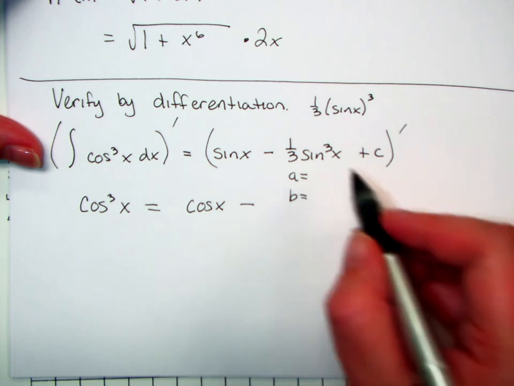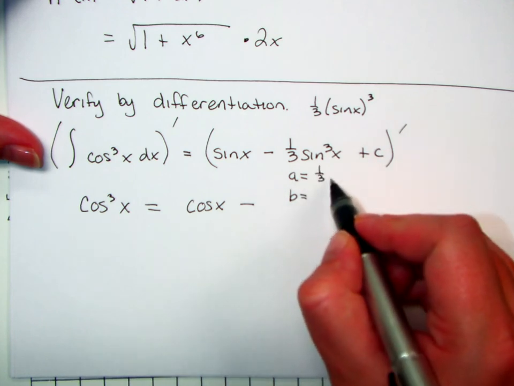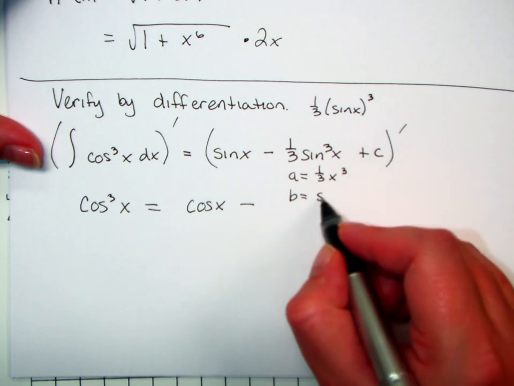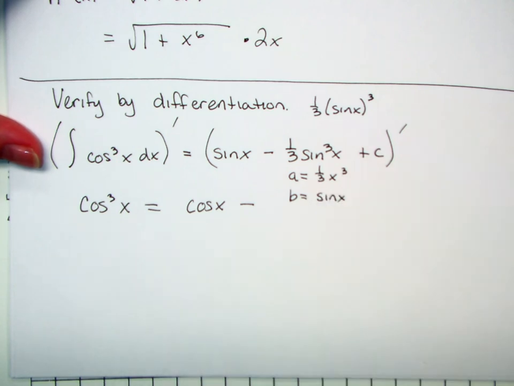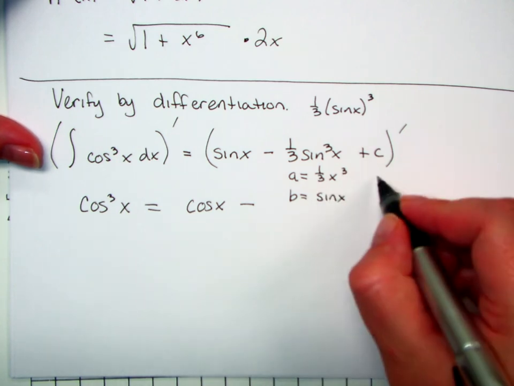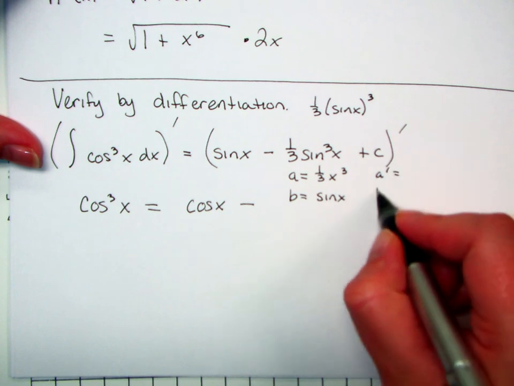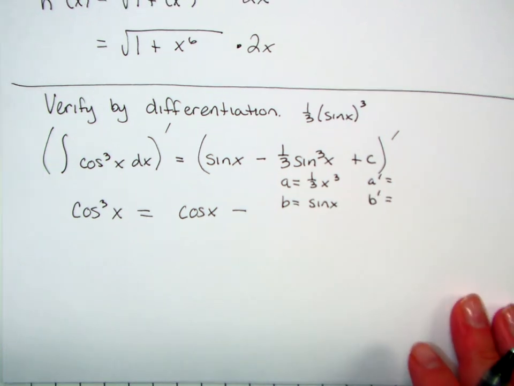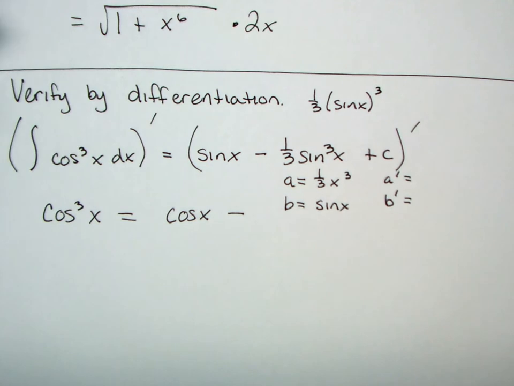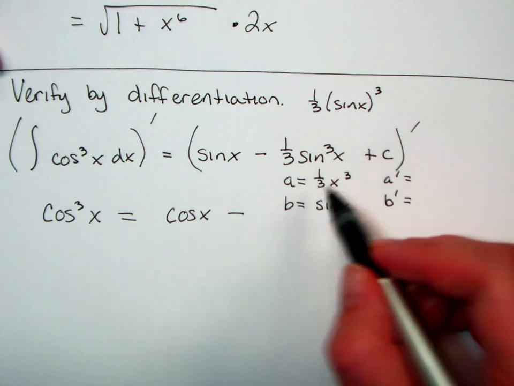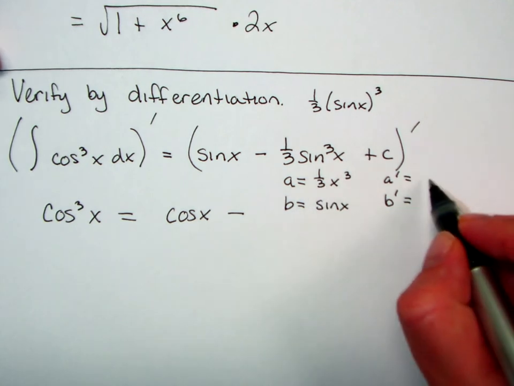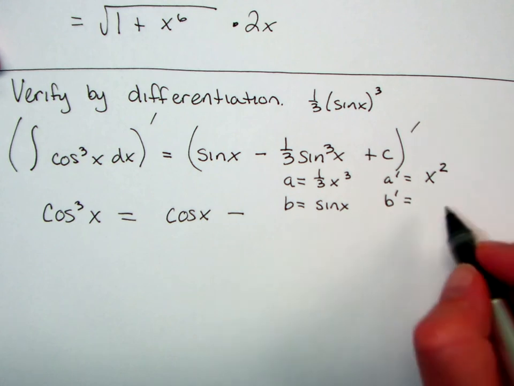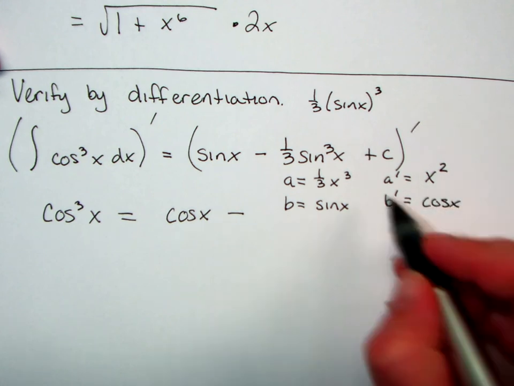So my outside function is going to be 1/3 x cubed, and my inside function is going to be sine x. So if I take the derivative of the outside and the derivative of the inside, the derivative of the outside now is 3 times 1/3 is 1. So I'm going to get 1 times x squared. The derivative of the inside is cosine x.